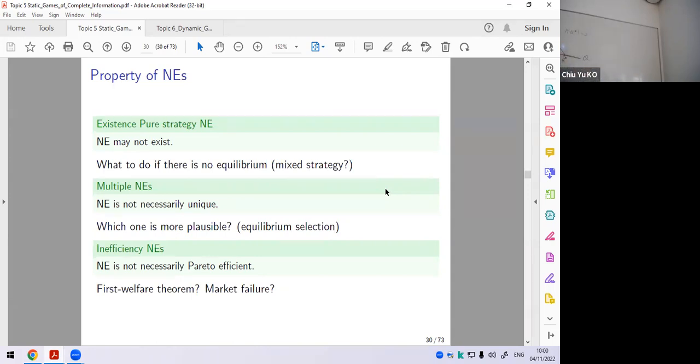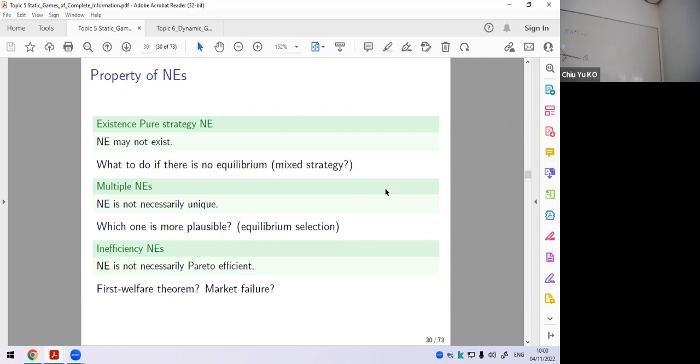Also a problematic thing, right? When you have no equilibrium, what's the prediction? That is a problem, and that will actually be a main research topic for game theory, with a simpler construction.